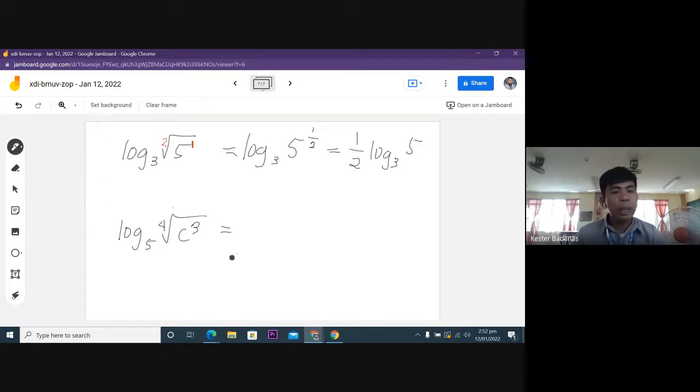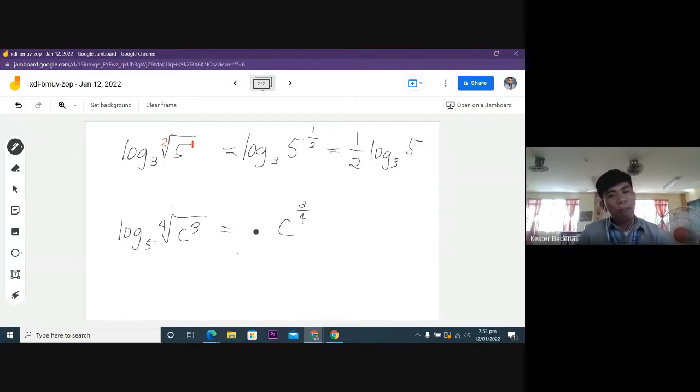Same way goes with logarithm of the 4th root of c cubed with a base 5. I-rewrite mo na yung 4th root ng c cubed. Yung exponent ni c ay yung numerator, yung number sa index is yung denominator.